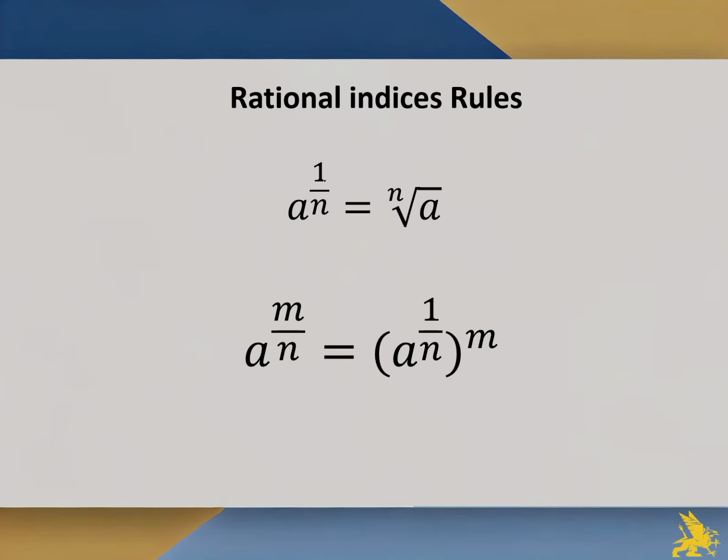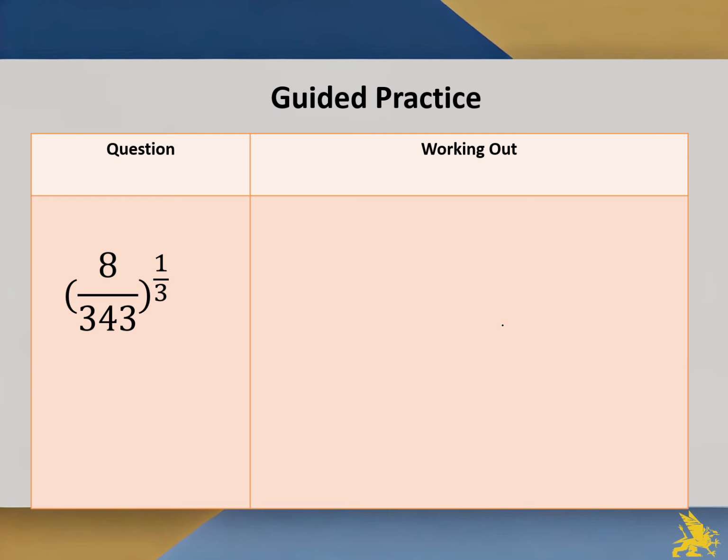If we've got a cube root, it's going to be a power of 1/3. So this is where we need to understand this relationship of if we've got a to the power of m over n, it is going to be equal to a to the power of 1 over n in brackets to the power of m. So let's have a look at some of these questions.